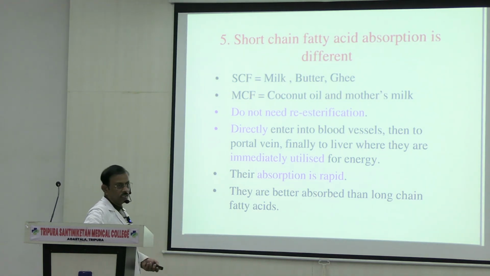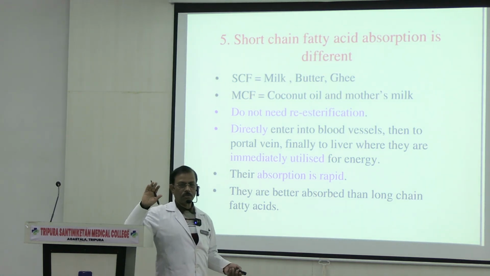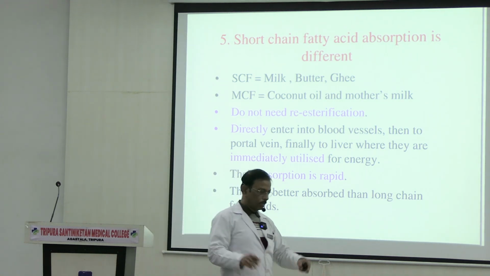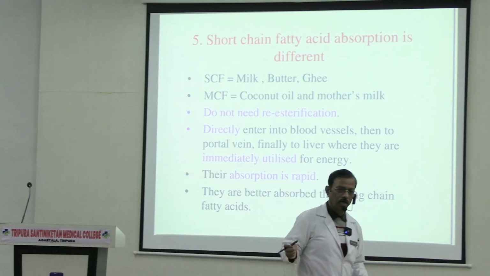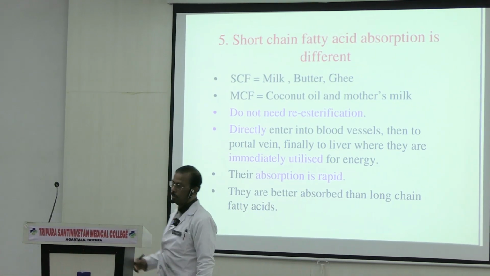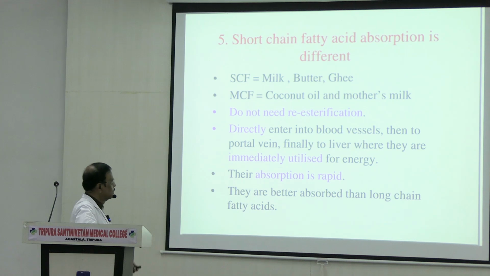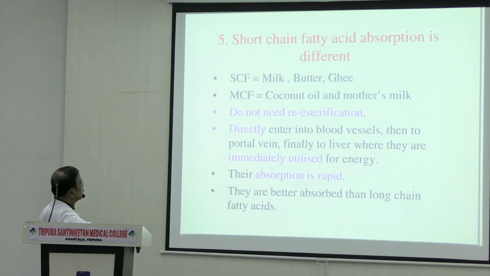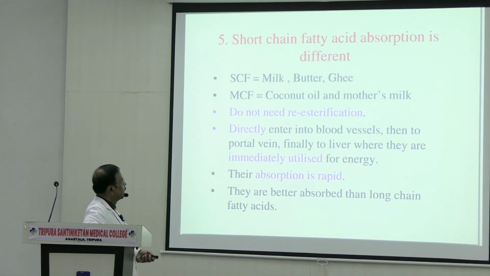Short chain fatty acids do not require anything. After digestion they are absorbed, taken up by the intestinal cells, then released into the blood. Short chain fatty acids are predominant constituents of milk, butter, ghee.